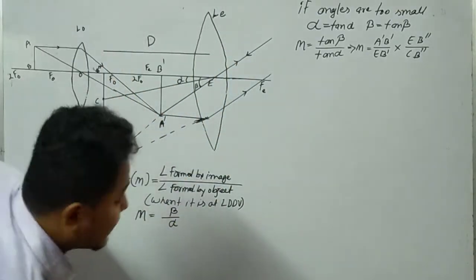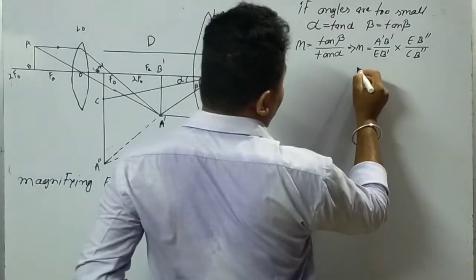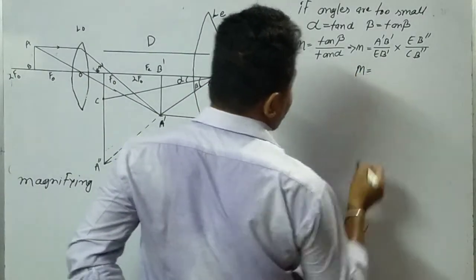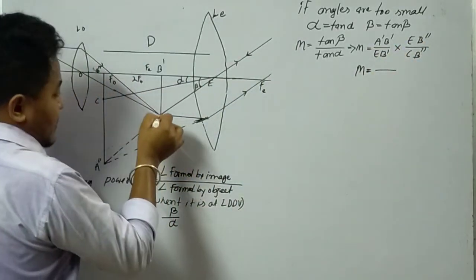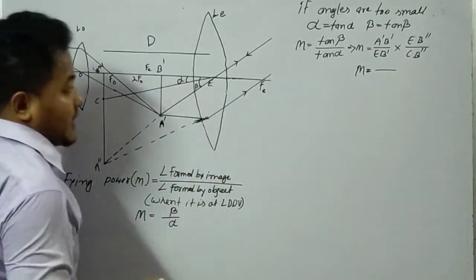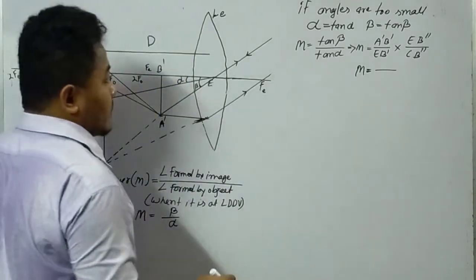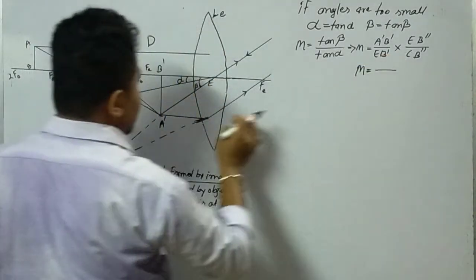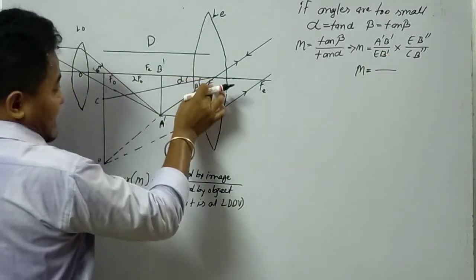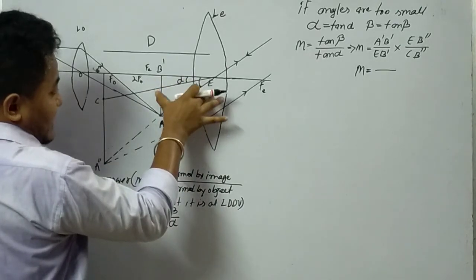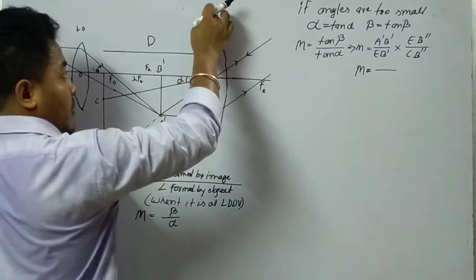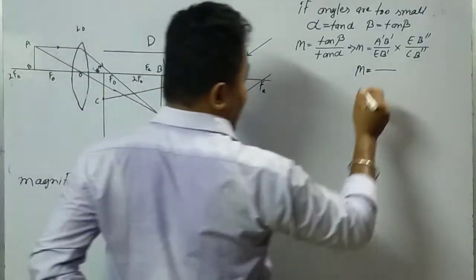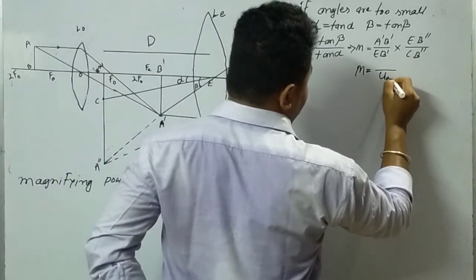Now from here we can find the magnification. Magnifying power M is equal to, what is A dash B dash? We have no information regarding that. What is E B dash? E B dash is the object distance for the eyepiece lens, so I write here UE.